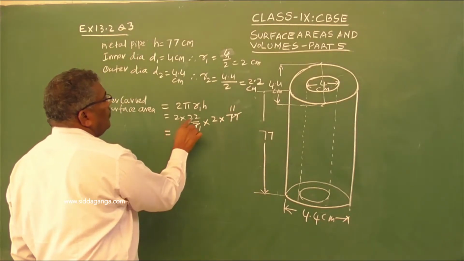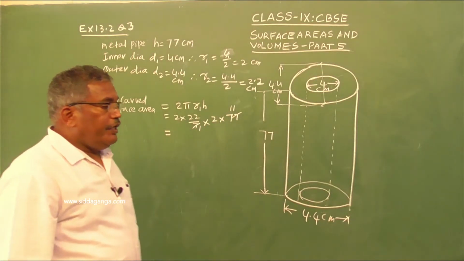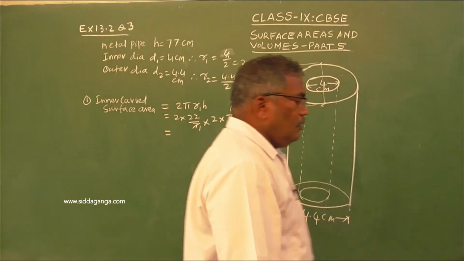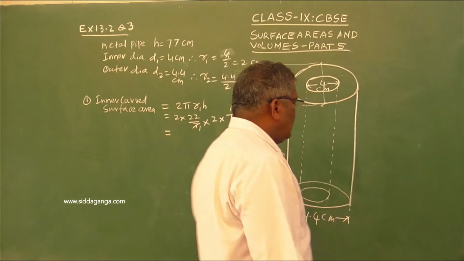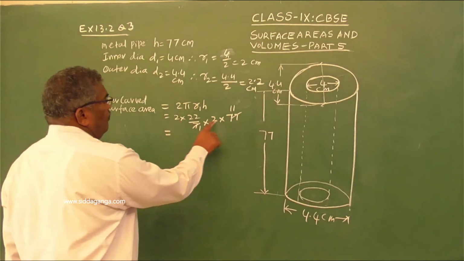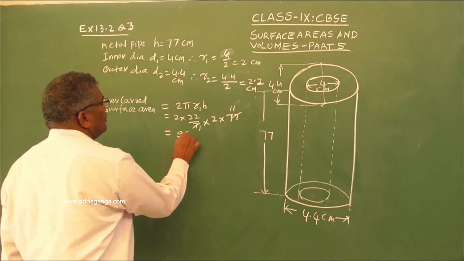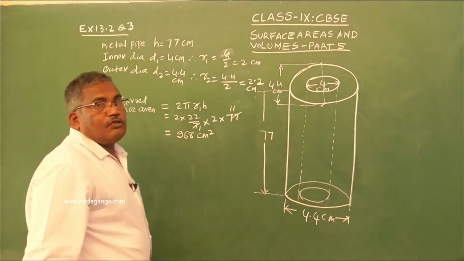You will get 2 into 22 into 2 into 11. So 44 into 22, you will get 968 centimeter square.